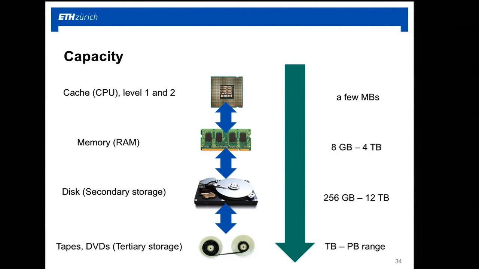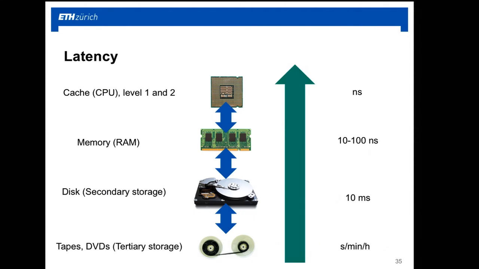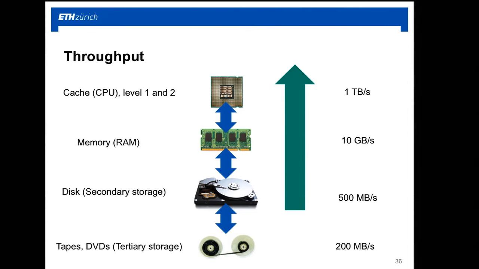So this is to give you the order of magnitude, and this is important if you actually try to build your indices. Then there is the latency, which is nanoseconds here, tens to hundreds of nanoseconds for the RAM, milliseconds for the drive. So you see the order of magnitude is very different. That makes a big difference. And here, but we are not looking too much in there, can be hours.